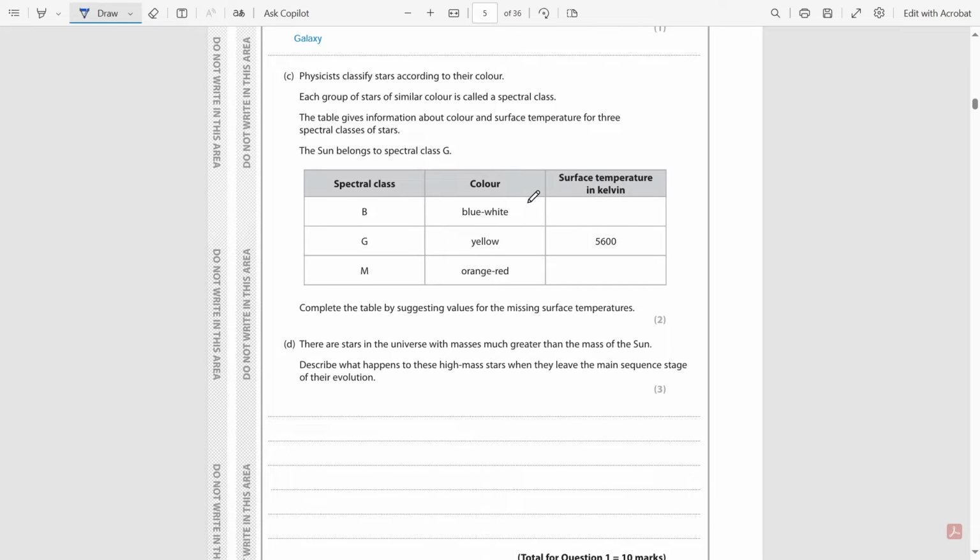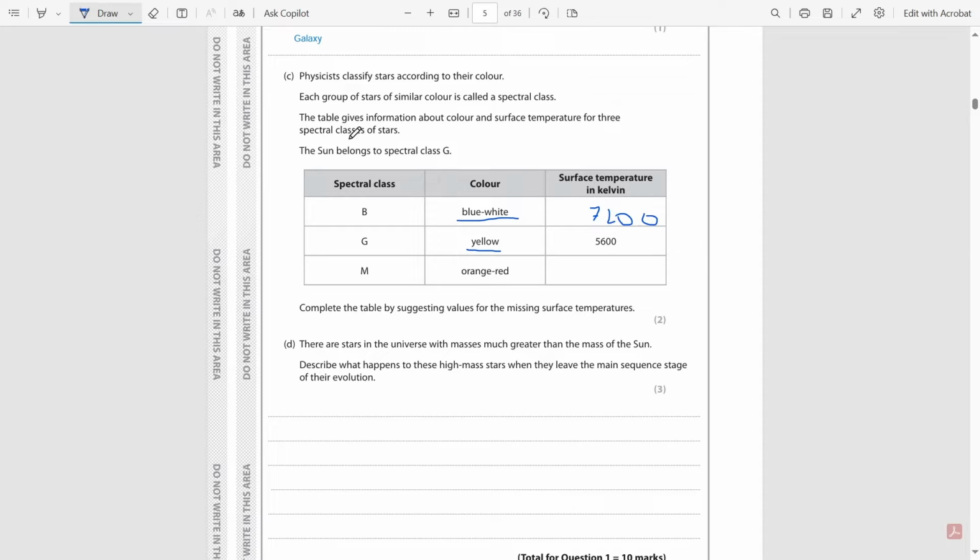If we don't understand which way it goes up in, it doesn't really matter, because all we need to do is guess what temperature it would be. Yellow stars are not the coldest, but they're not the hottest stars. So it would make sense for our blue-white star, which is one of the hottest stars we can get, to be a lot hotter than our yellow star. So let's guess a number above 5,600. Let's do 7,200.